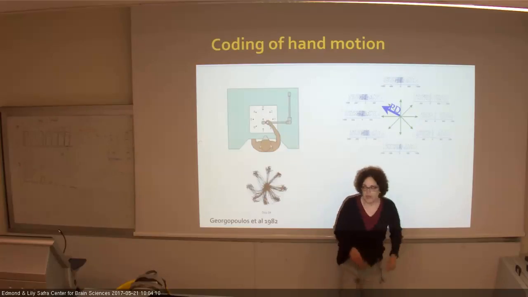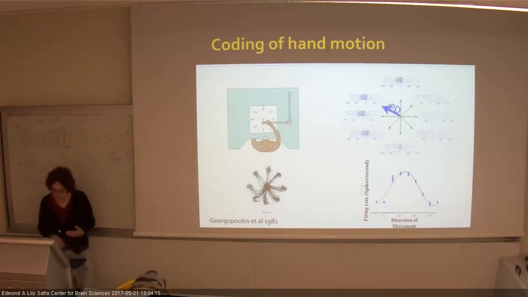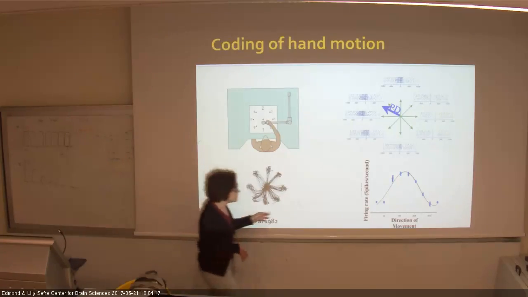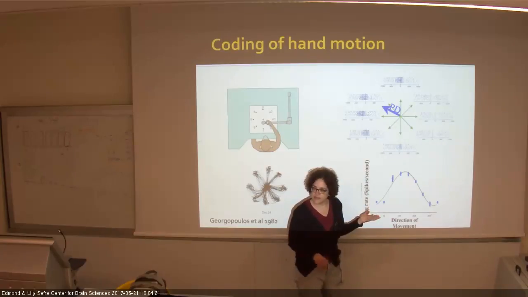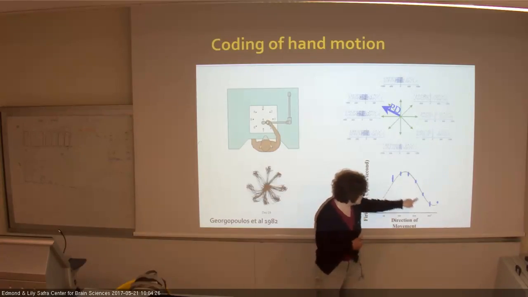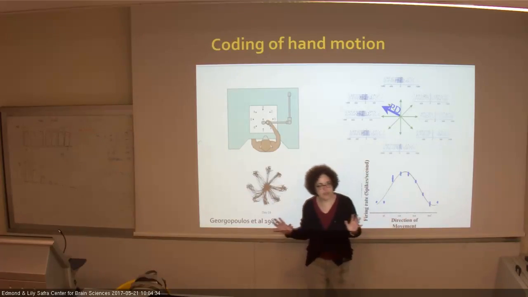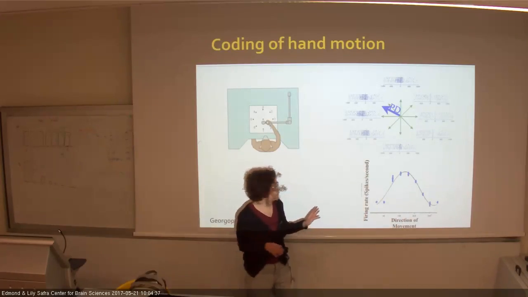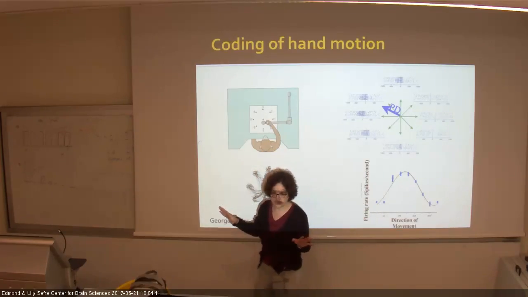Okay, and if you plot the activity of the cell as a function of direction, what you get is a tuning curve, basically. You can see that this is the preferred direction, and you can fit the tuning curve of motor cortical cells fairly well with a cosine function.